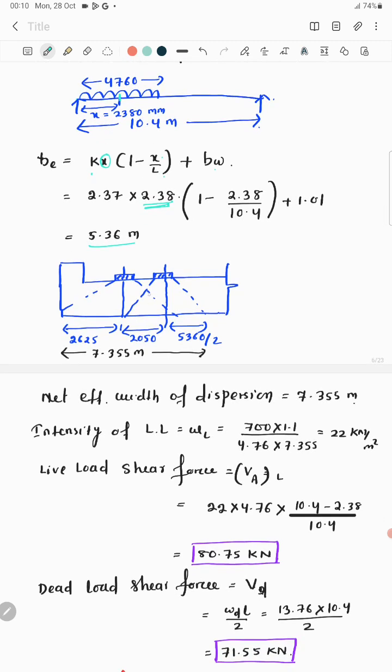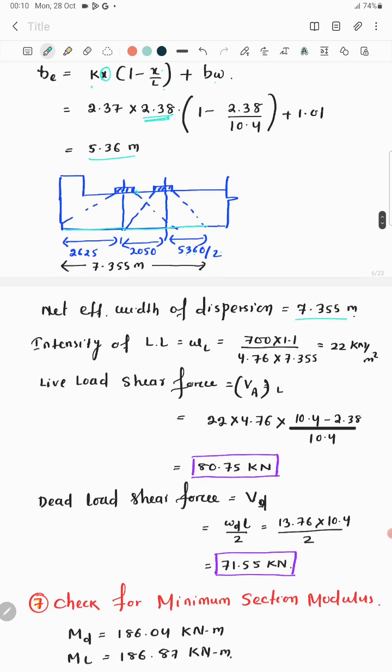So again, if you place the vehicle perpendicular to the span, then if we consider the overlapping of the loads here, this will be 5360 by 2, and this is 2050, and this is 2625. Combining all these three, we got 7.355 meter as the net effective width of dispersion.